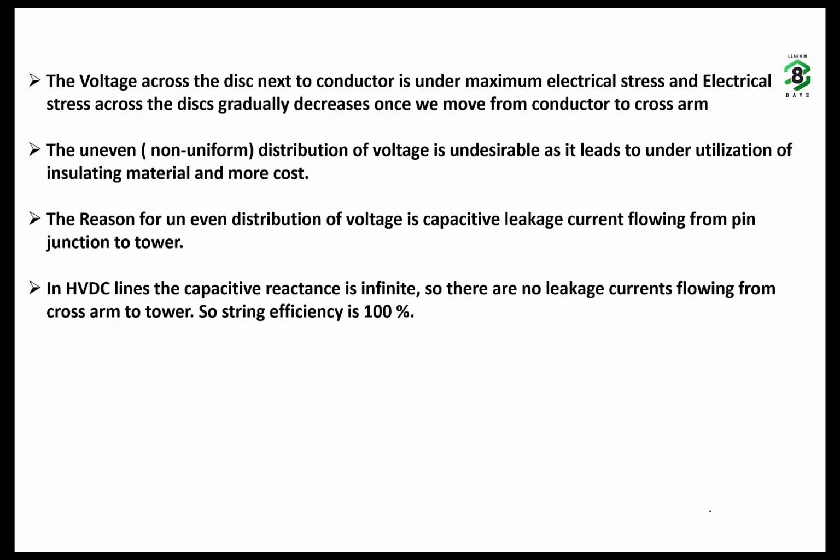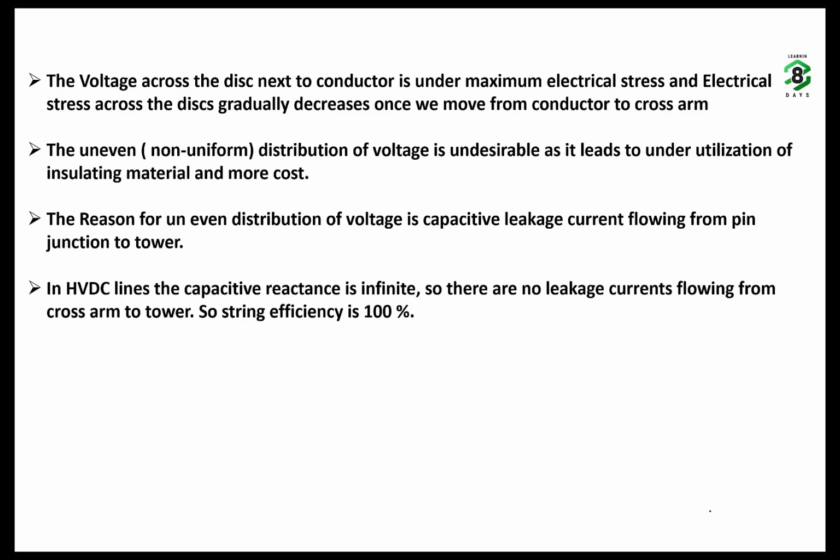Suppose there were no leakage currents, then the same current would have flowed through all the insulator discs. Since they are identical discs, the impedance drop across them would be the same and the voltage distribution would have been uniform.